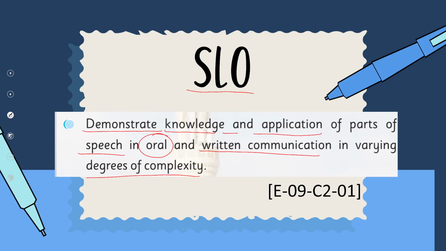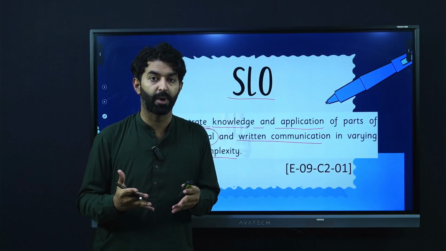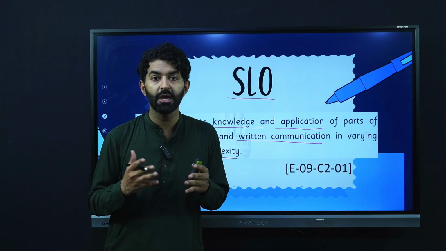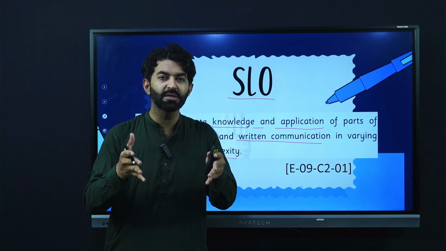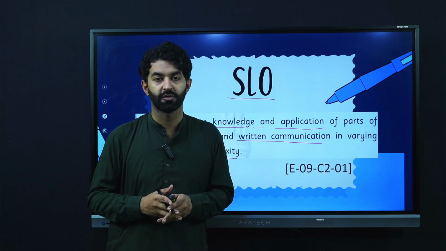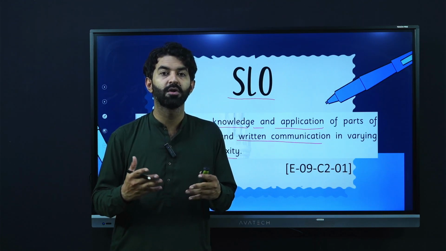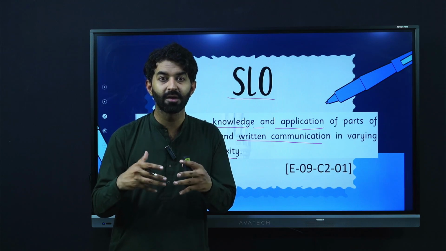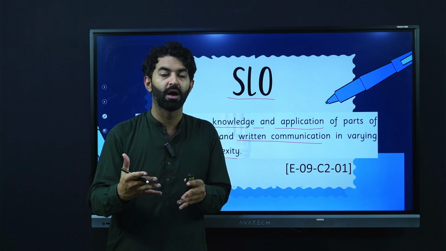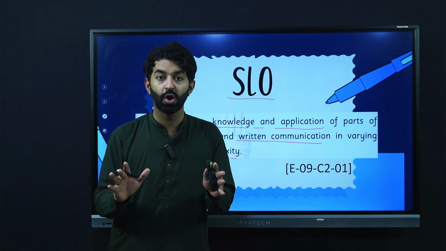We will gain knowledge and then apply that knowledge of parts of speech, and there are so many different degrees of variation. Like there are so many subcategories and subclassification of parts of speech. There are some rules. So this is what we mean by degrees of complexity. Things get complex. Things get a little bit updated and a little more difficult to understand, but do not worry about this.